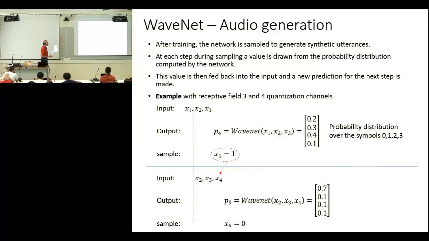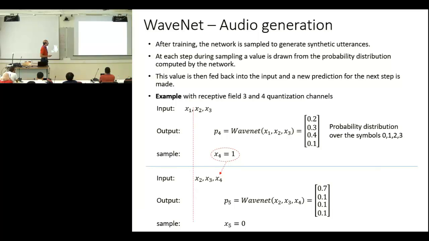This is the output of the network, which is a probability distribution over the categories 1, 2, 3, 4. And next, we sample one value from this distribution. Let's suppose that we throw a dice and we sample this one. The next sample belongs to this category.